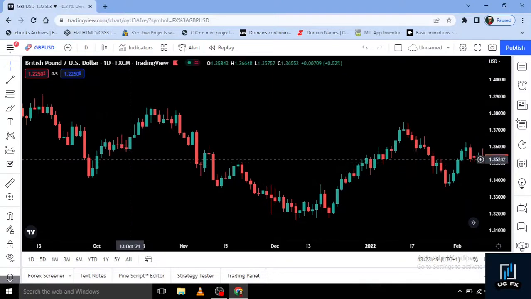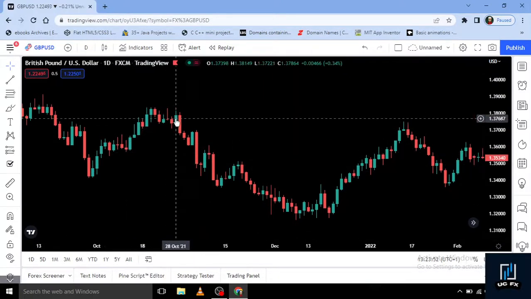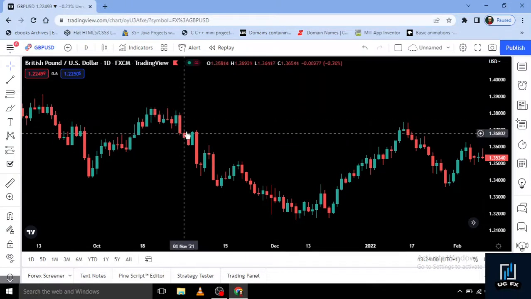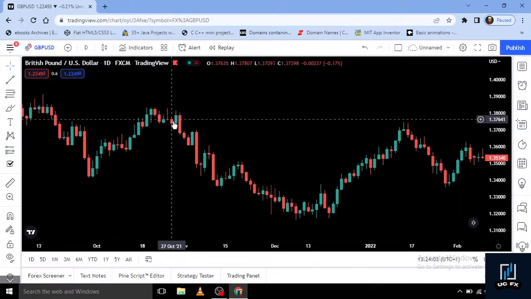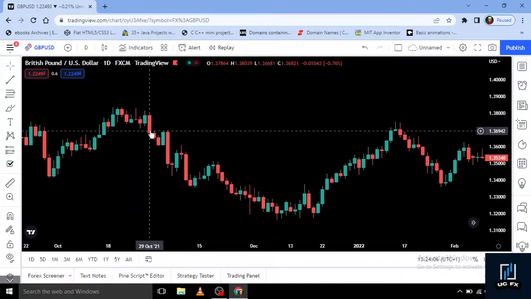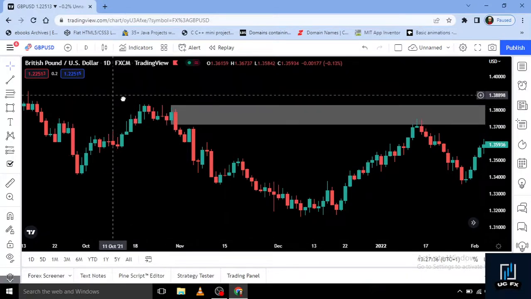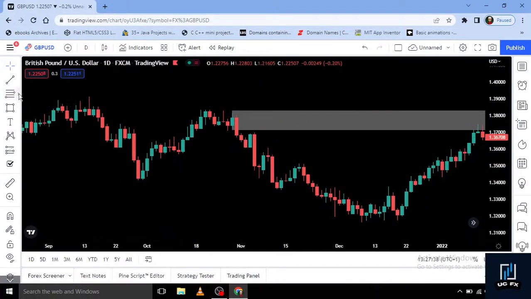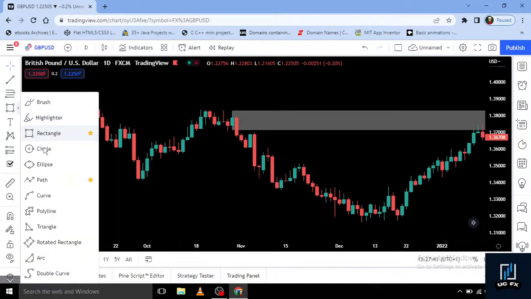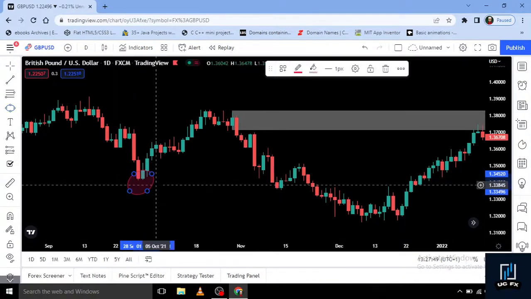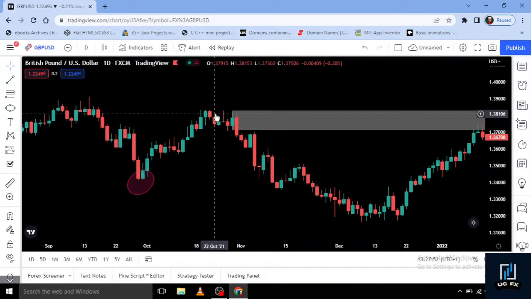Okay, from here, you could see this green bullish candle, followed by a strong bearish candle. This is what we call an order block. This green candle is an order block. So as you can see, from this point, let's mark it out, to this point.